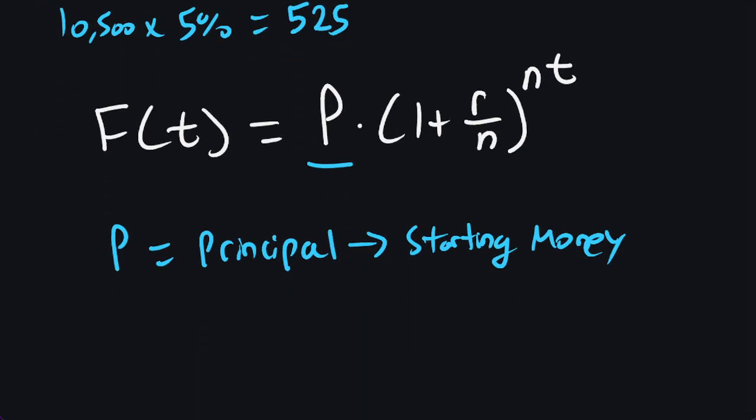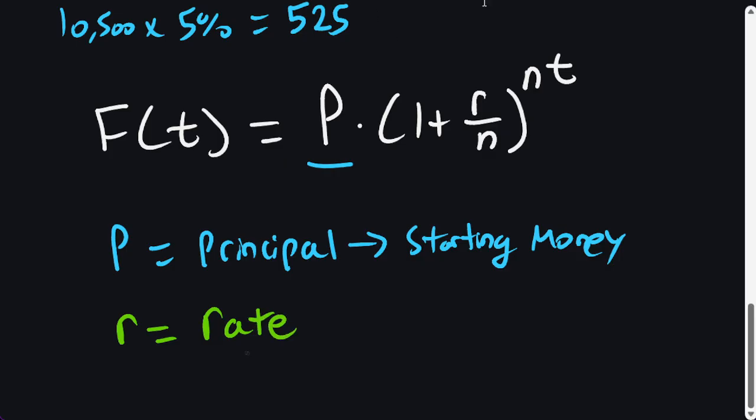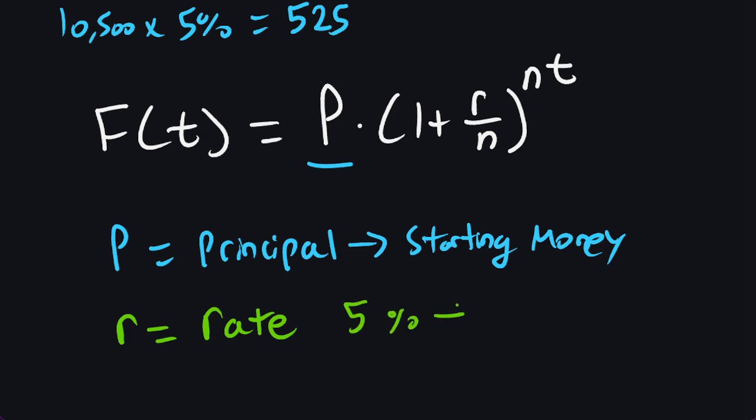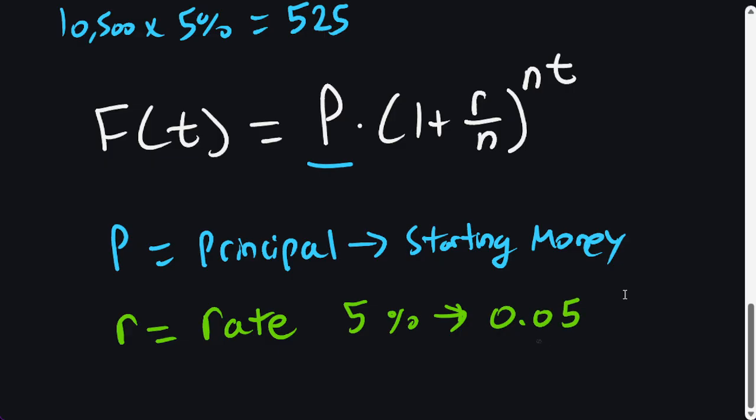And we have r right here. So r is the interest rate, or growth rate. And that is represented as either a decimal or a percentage. Well, in the function, you would have to represent it as a decimal. So 5% would just be represented as 0.05 in the function.